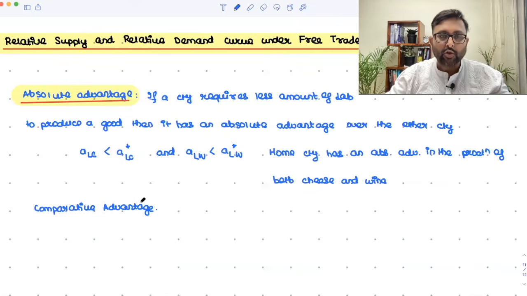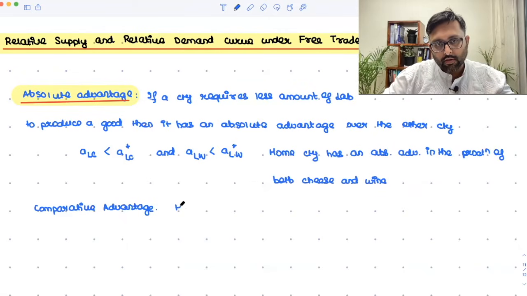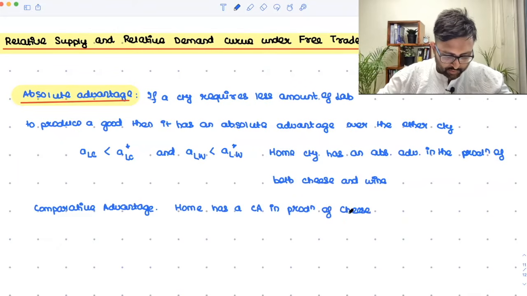If my opportunity cost in the production of cheese is lower than the opportunity cost in the production of cheese in the foreign country, then the home country has the comparative advantage in the production of cheese, right?